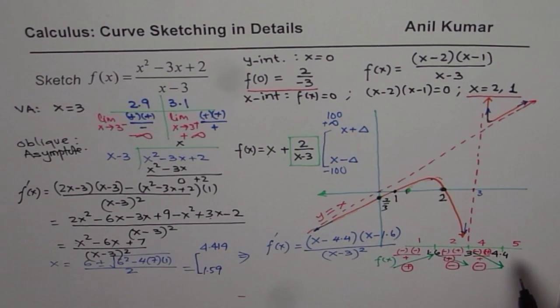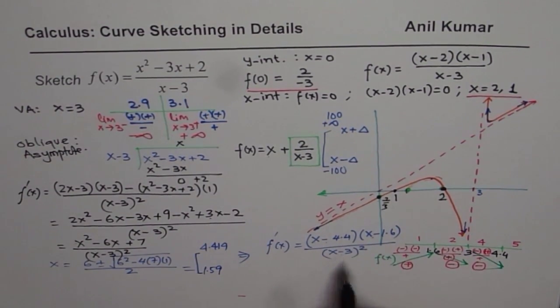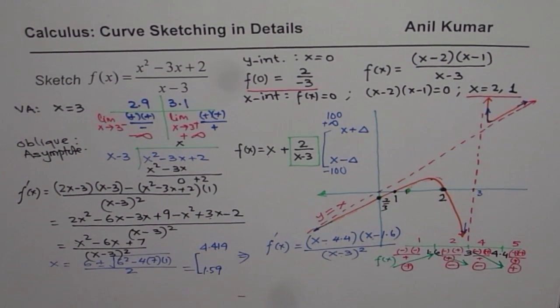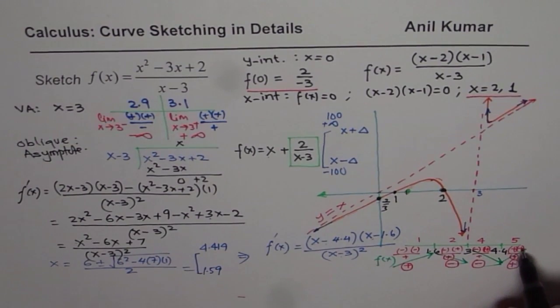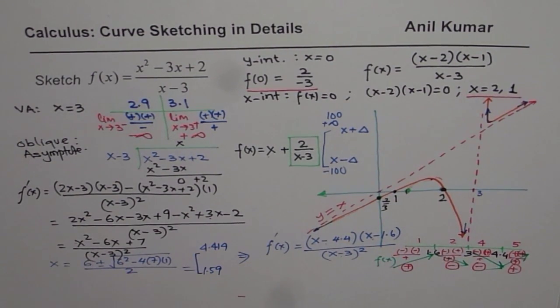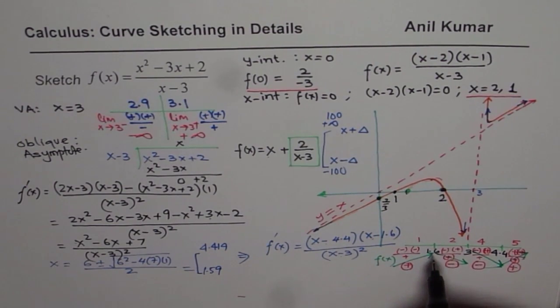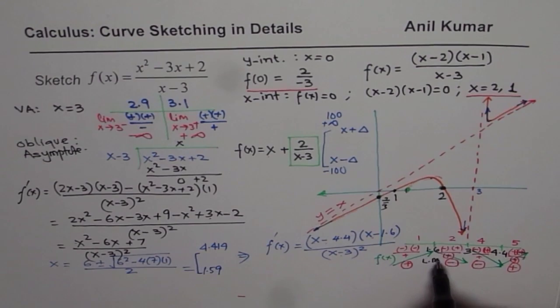Okay. Now after 4.4, if I write 5 here, in that case positive, positive and positive. When you have 3 positives multiplied or divided, then you get positive, and that positive gives you an increasing interval. So clearly from here we do have a local maximum at the first critical point. We'll write this as local maximum.